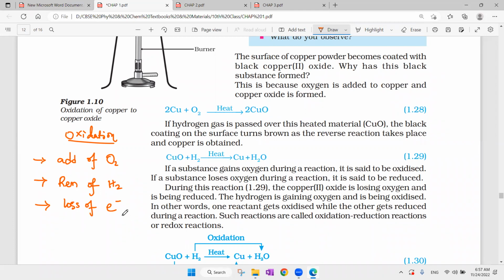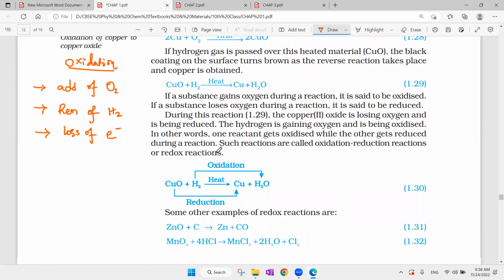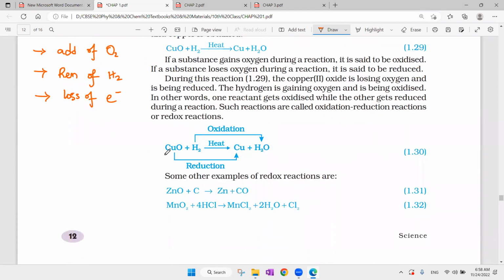If you observe, metals are highly oxidizing. Non-metals will gain electrons, and metals will lose electrons. One example: Cu plus O2 gives CuO. Here, CuO plus H2 gives Cu plus H2O.